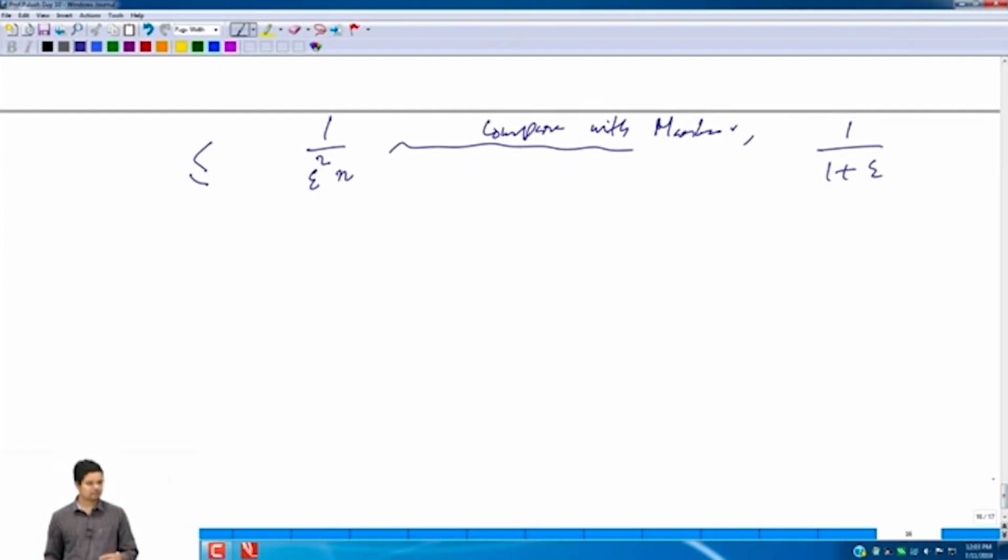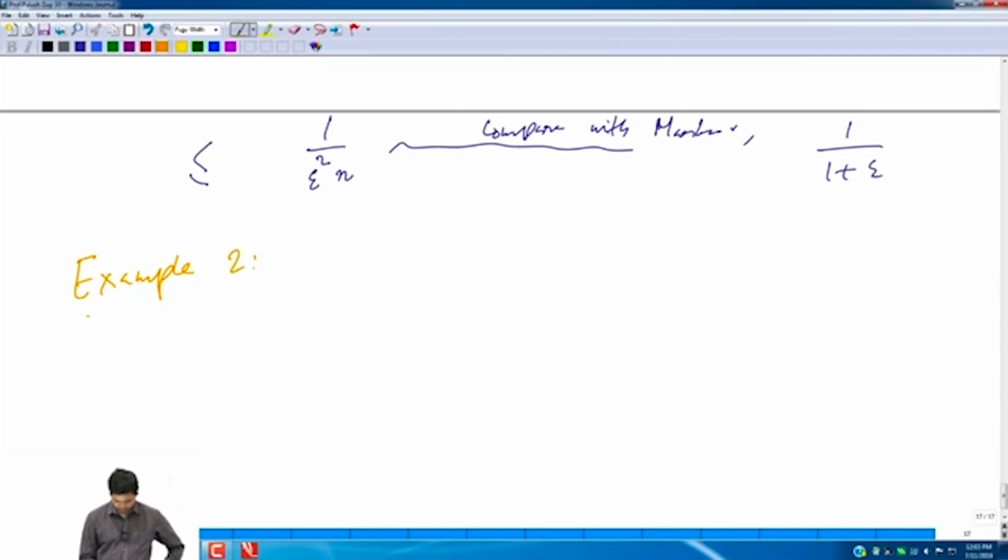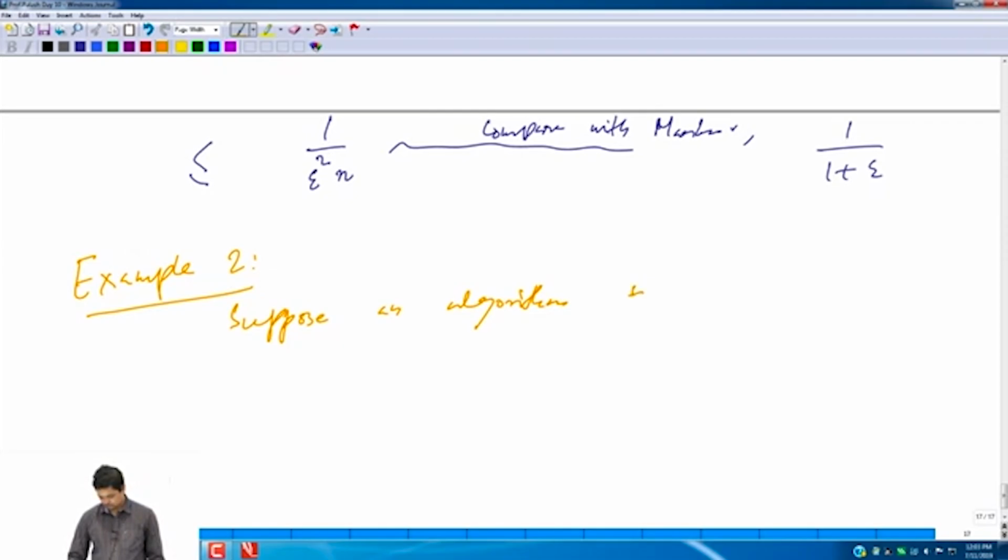Let's see another concrete example, the same thing as coin tossing, but framed in a different way.